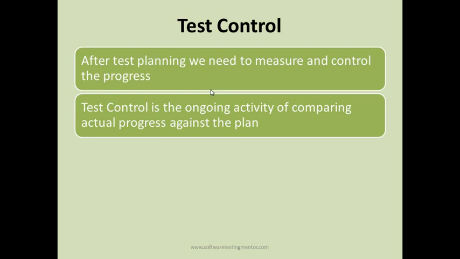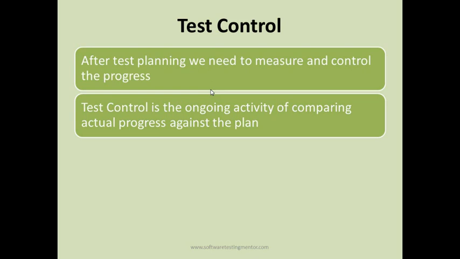Suppose you are working in a team, and every day a defect report is being prepared to see how many defects have been raised, how many are in progress, how many are fixed, how many still need to be verified, or how many still need to be fixed by the developer.